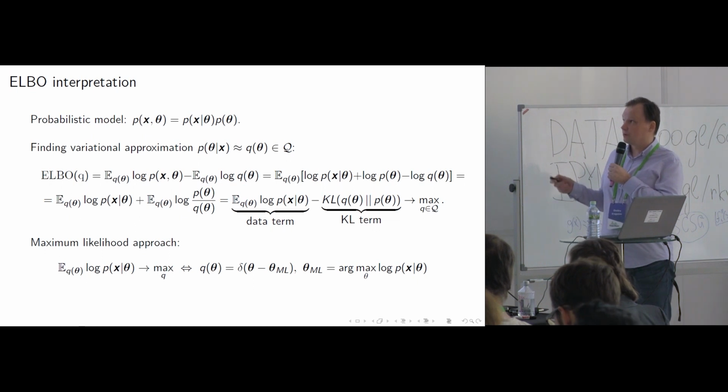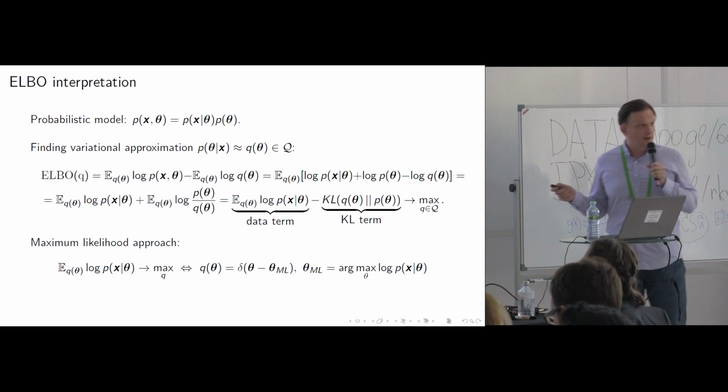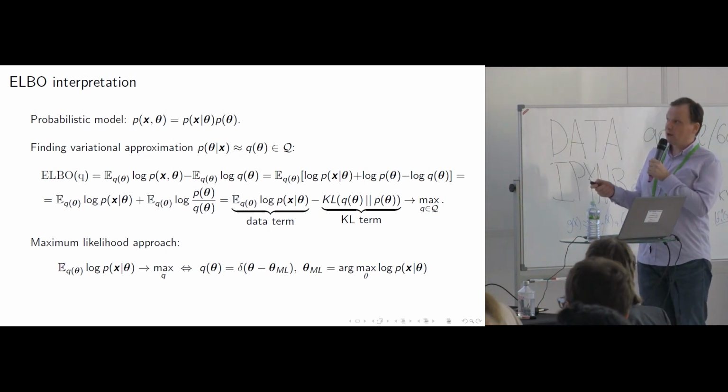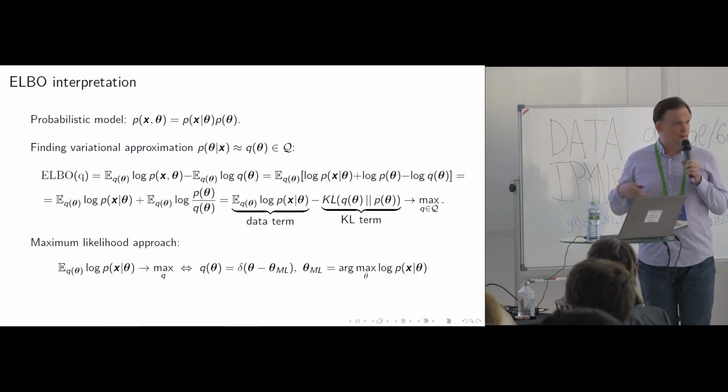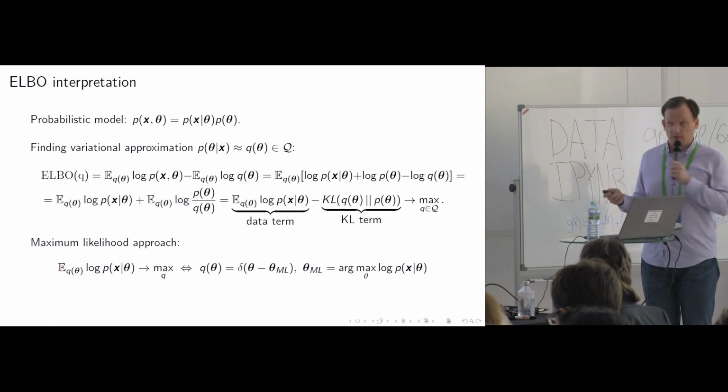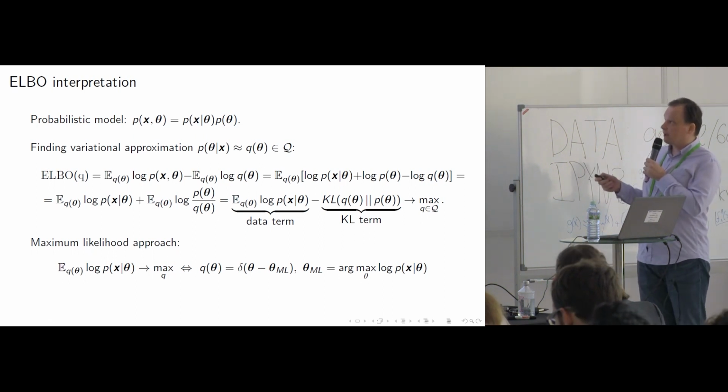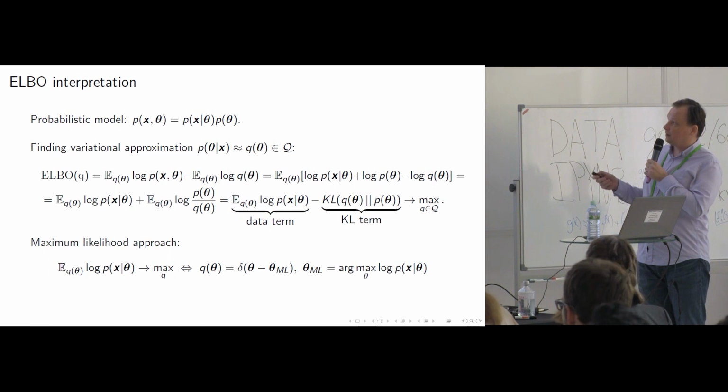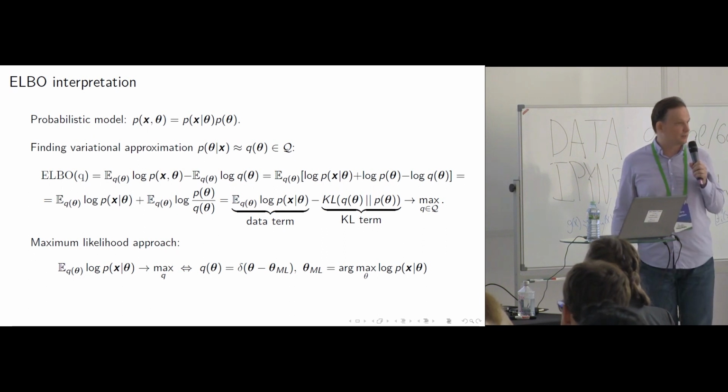If we return to this criterion function and consider two terms, what we do, from the one hand, trying to find the best Q, we want to find the Q that best explains our data, that maximizes our log likelihood. And from the other hand, simultaneously, the KL term here goes with minus sign and we take maximum, we want to be not far from the prior distribution.